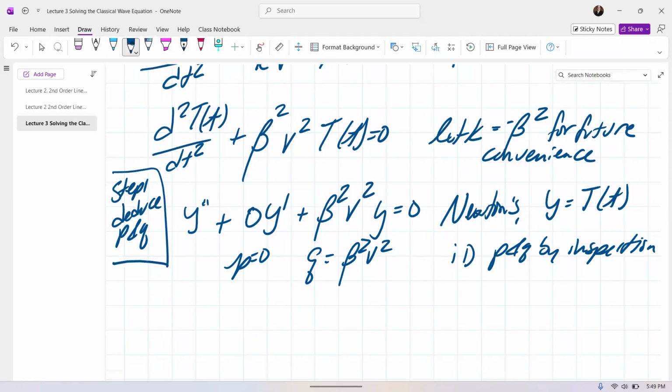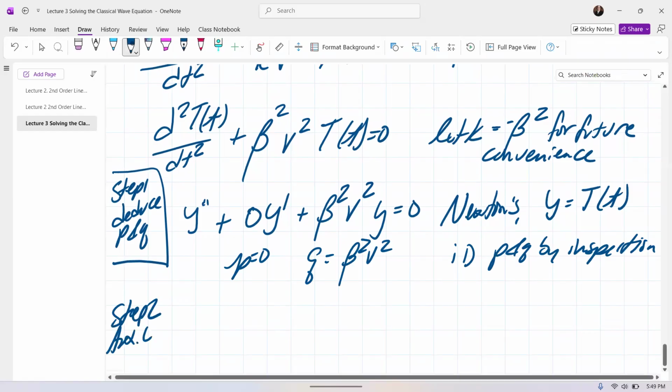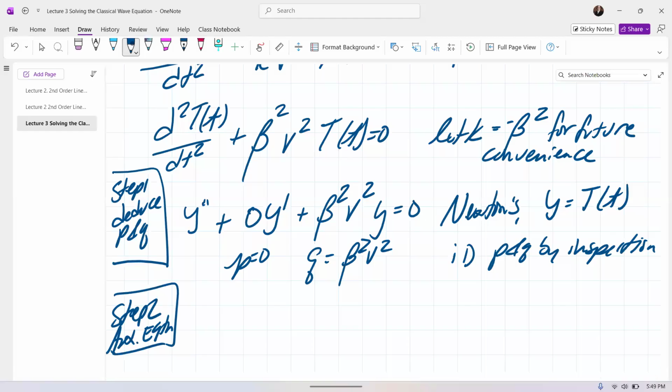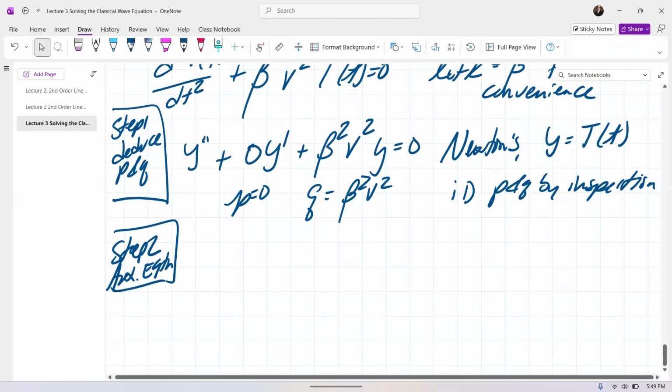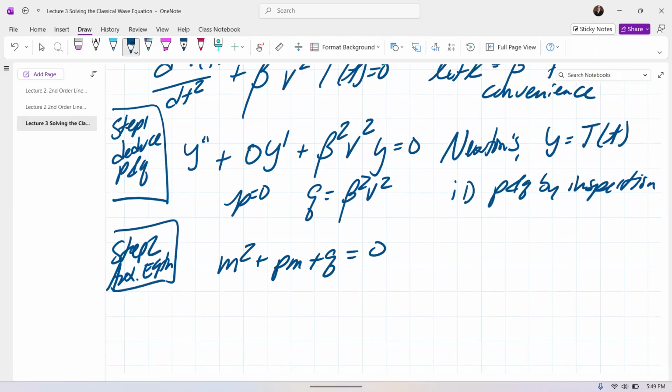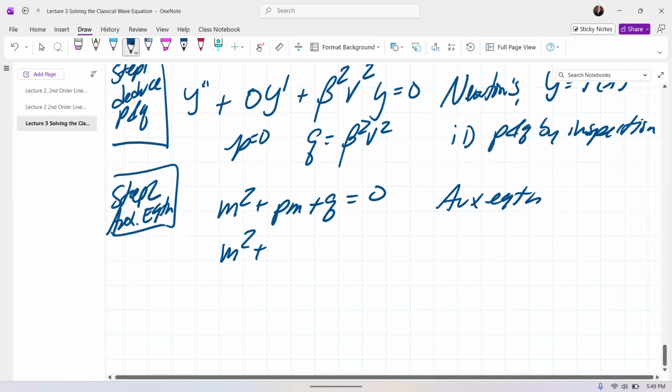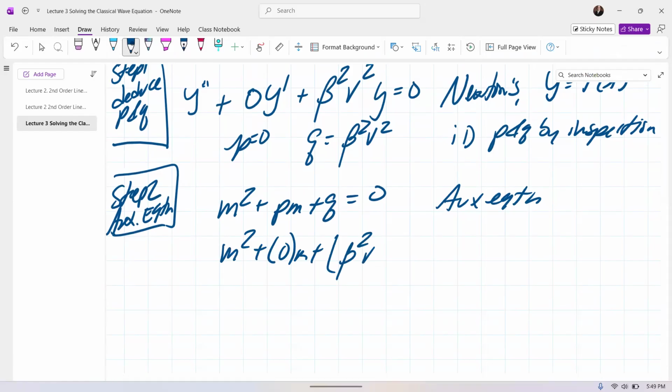All right. Now, step 2, auxiliary equation. M squared plus PM plus Q equals 0. This is the auxiliary. And now sub in M squared plus what's P, 0M plus what's Q, beta squared V squared equals 0.